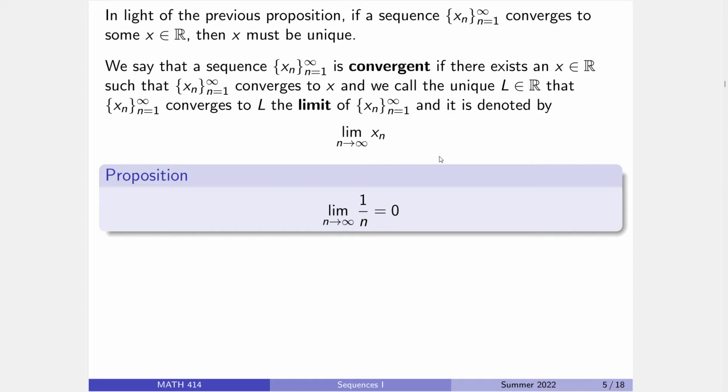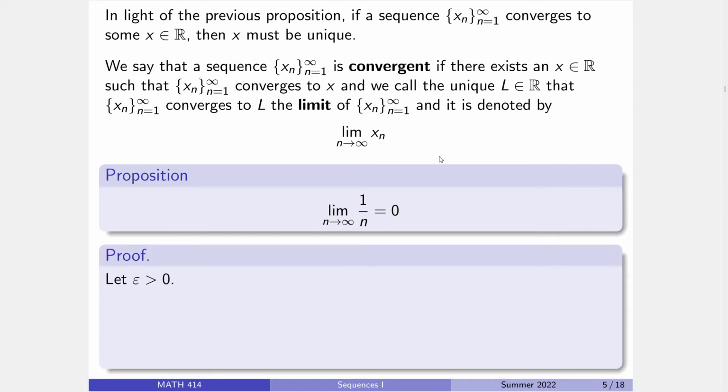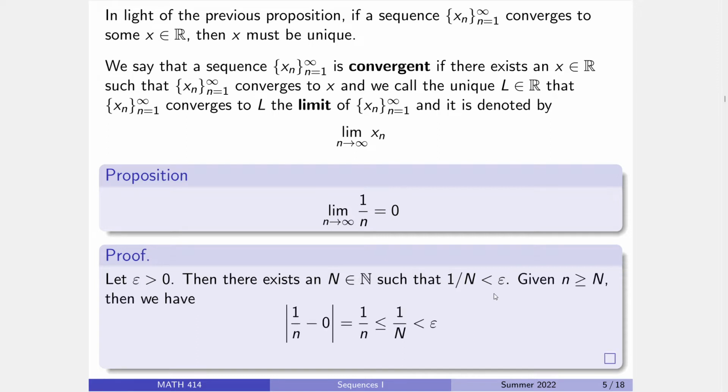The limit of 1 over n is equal to 0. So, let epsilon be strictly greater than 0. Now, as we verified by the Archimedean property, I can find a capital N so that 1 over capital N is strictly less than epsilon. We proved this as a consequence of the Archimedean property. Archimedes appearing twice today. Well then, if I give you any n bigger than capital N, now note, in order for this to be the limit, I need to show that the absolute value of the difference of the sequence and my proposed limit is less than epsilon.